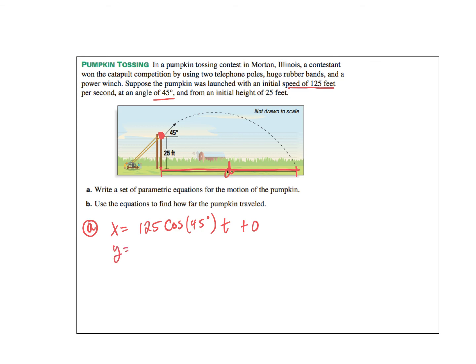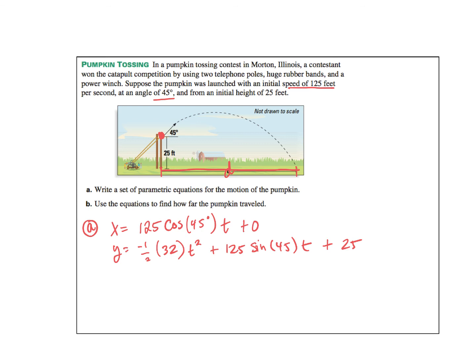Y, though, is not an initial position of 0. But the whole formula for y, well, we need our negative 1/2 g. Because the units are in feet, I'm using 32 for the gravity, t squared, plus speed, 125, sine theta, sine of 45, t, plus y0, initial height, which is 25 feet.